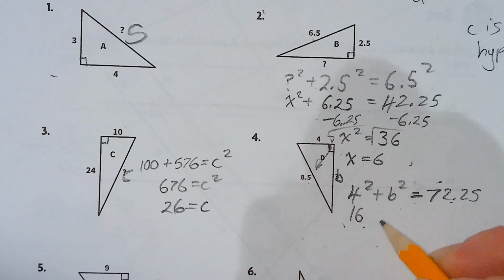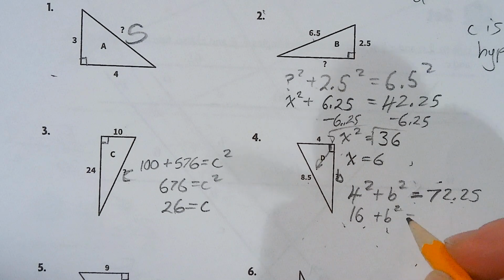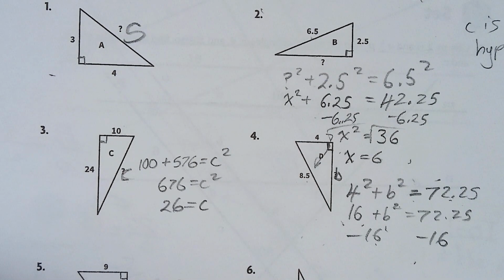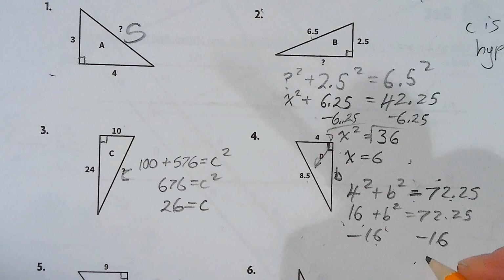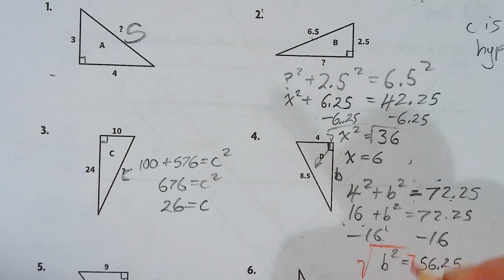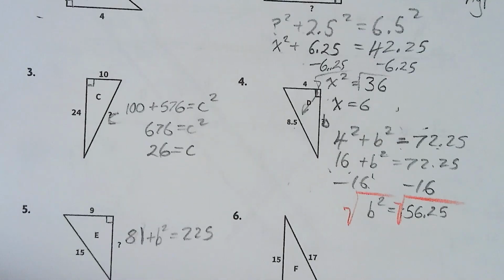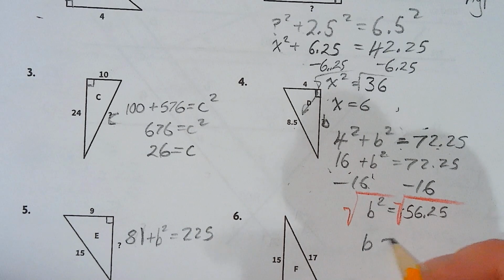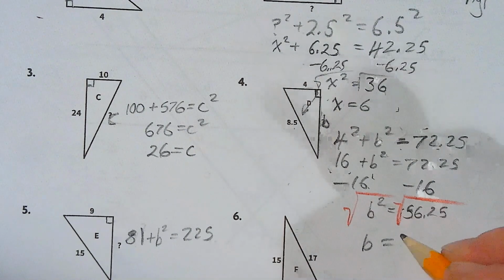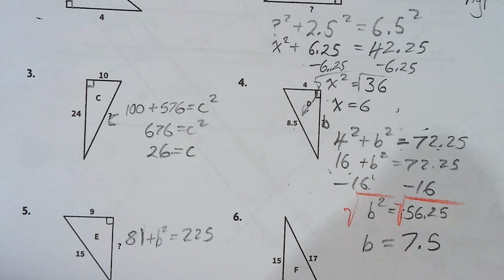Okay, minus 16 is 56.25. Square root is 7.5. Amazing. How do they do it?